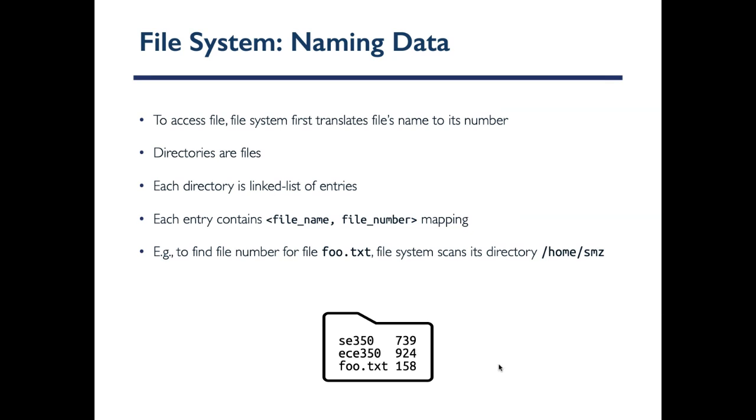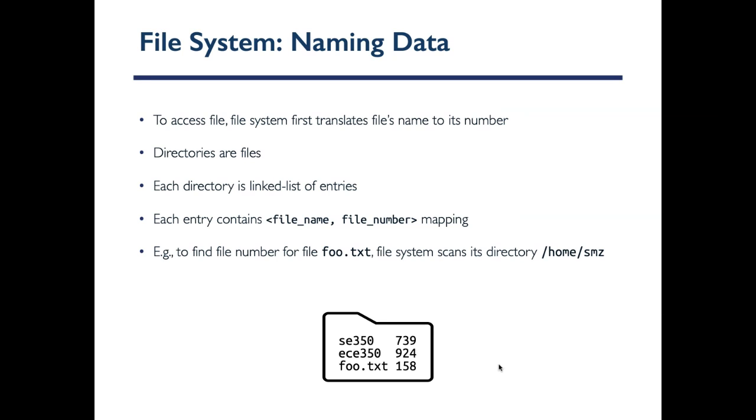Okay, so now we're at the point that we can start talking about implementing our file system, because now we know the building blocks of the file system, namely files, directories, and volumes. We know user access patterns, and now we are ready to implement what a file system has to do.